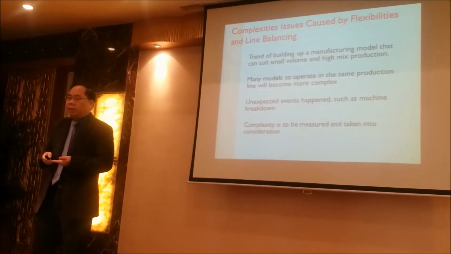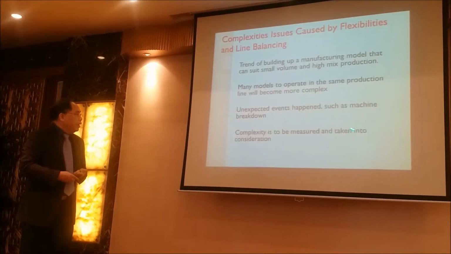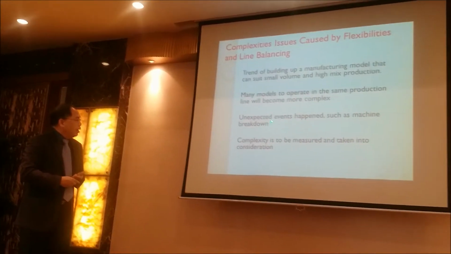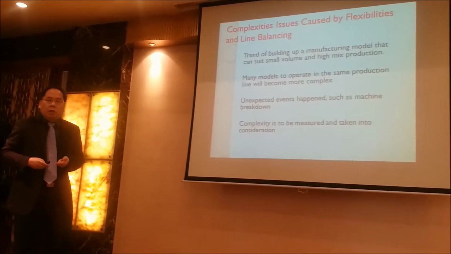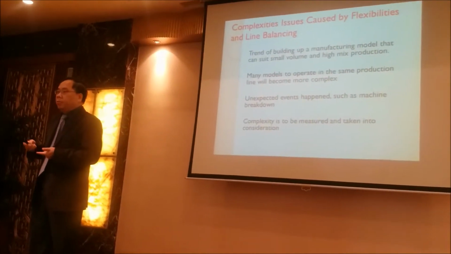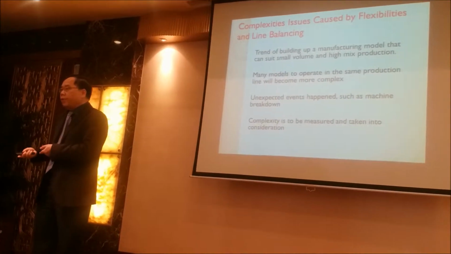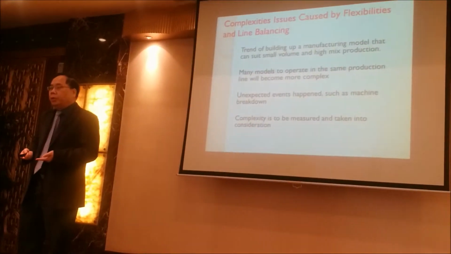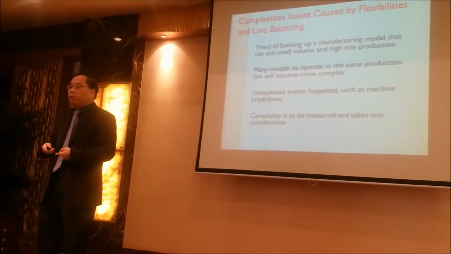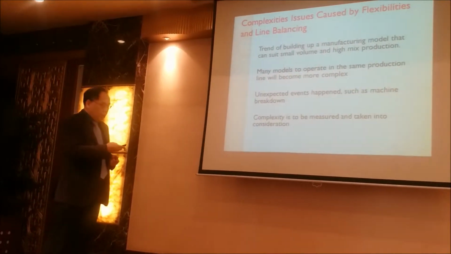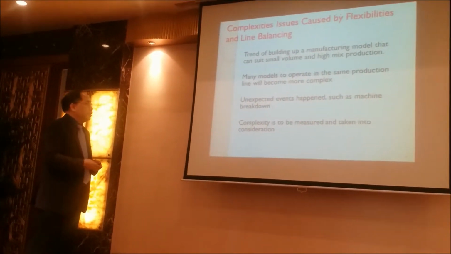This one we call complexity. And the second thing is that there will be unexpected events in real time, such as machinery down, material shortage. Once you have these, production cannot follow the plan. This is different from what we planned, and this introduces the capacity issue.